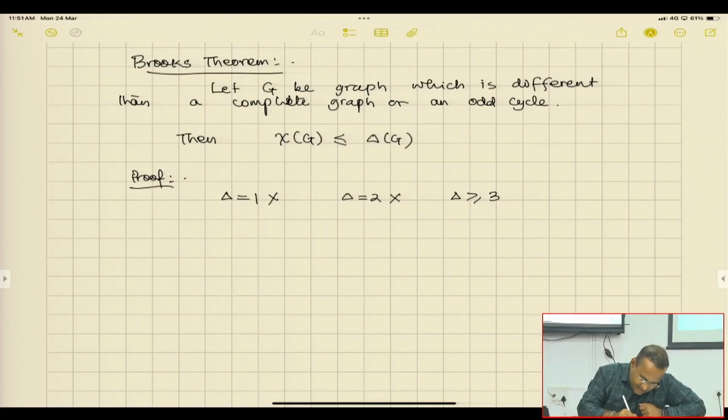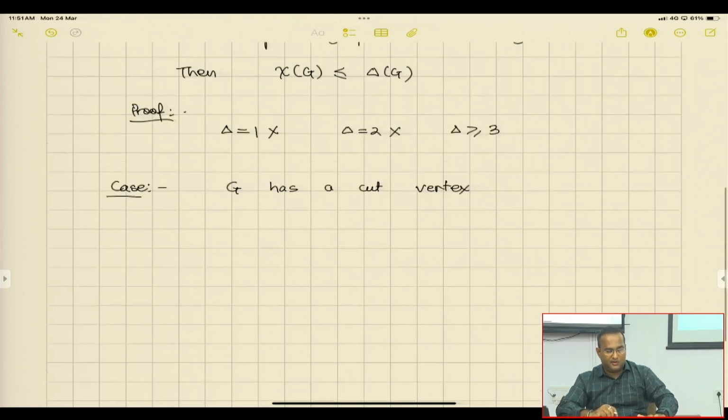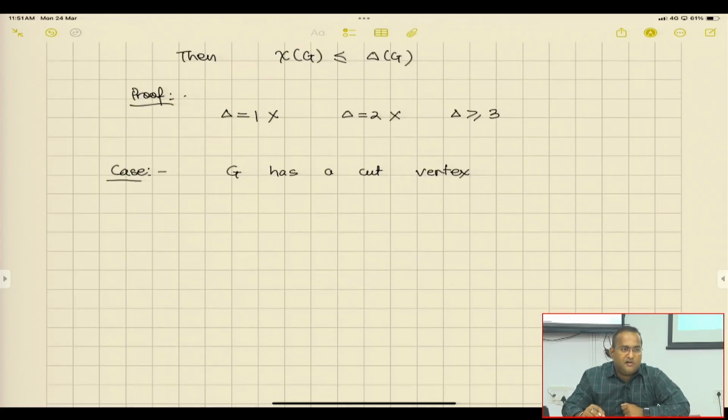Then consider case 1. G has a cut vertex, then what will happen?